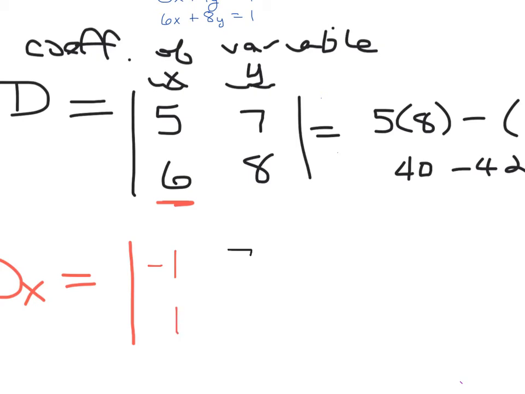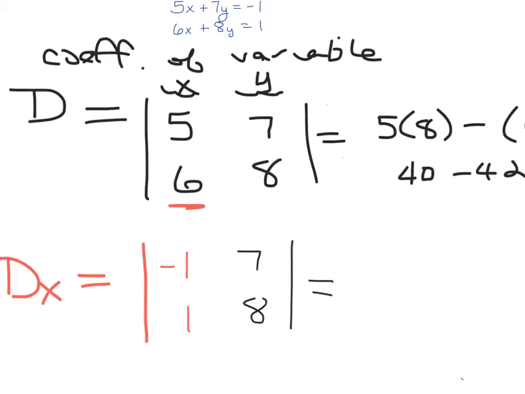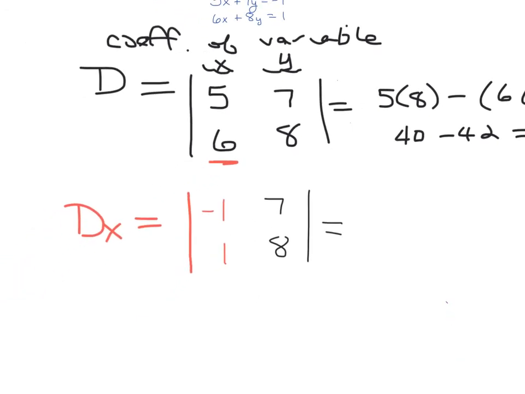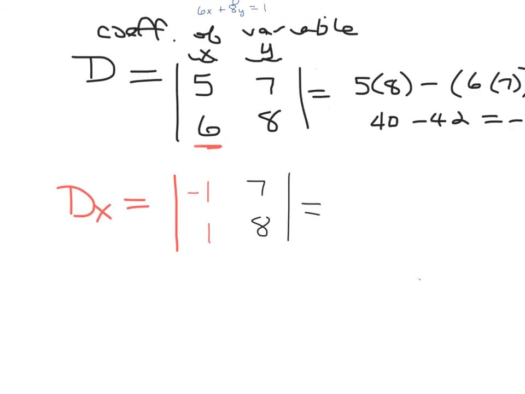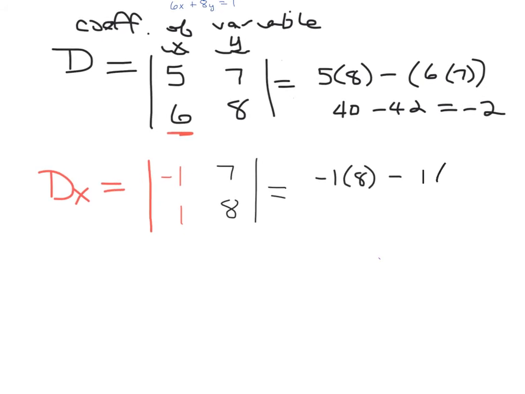I'm putting back the y column. And now I have to find this determinant. Again, multiplying the products diagonally, negative 1 times 8 minus 1 times 7. Negative 8 minus 7, and I get negative 15.